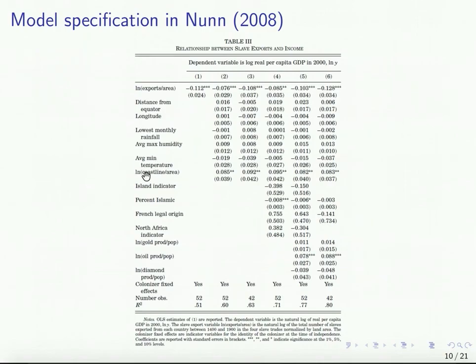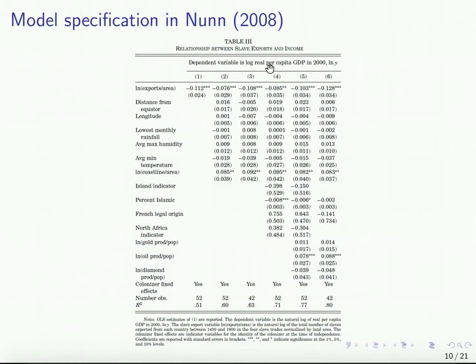So say in the case of coastline over area, it may be that countries that have larger coastlines, so think of it as larger access to the sea, are better able to export, okay? So if you're better able to export, well, that would be correlated with export of slaves by definition. If you're more likely to ship any good, well, you sadly may also be able to ship humans, okay?